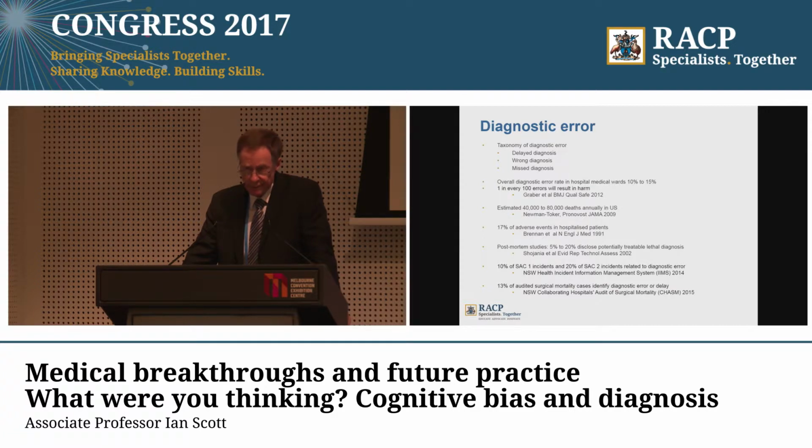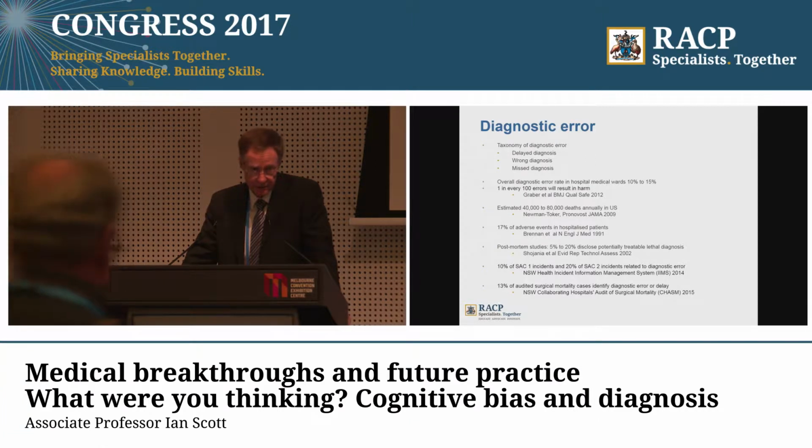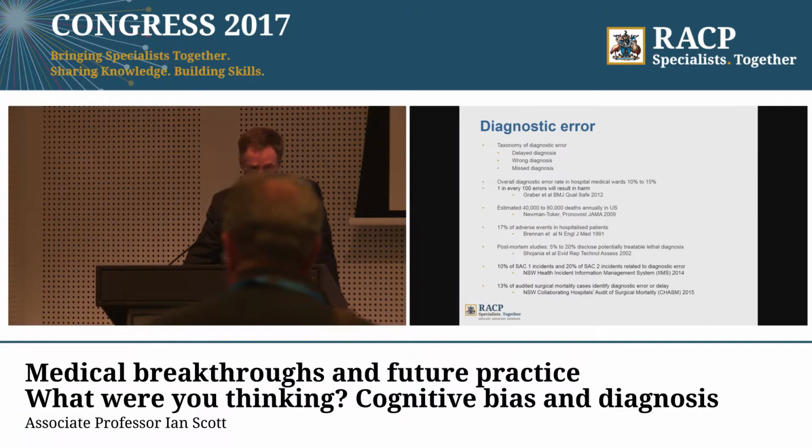Brennan et al. found that 17% of adverse events in hospitalised patients were related to diagnostic error. Post-mortem studies, which in a way is the final arbiter of a correct diagnosis, reveal that 5 to 20% of those post-mortems disclose potentially treatable lethal diagnoses that may not have been either recognised or were under-recognised during the patient's illness.